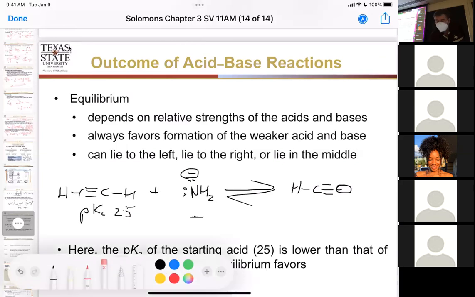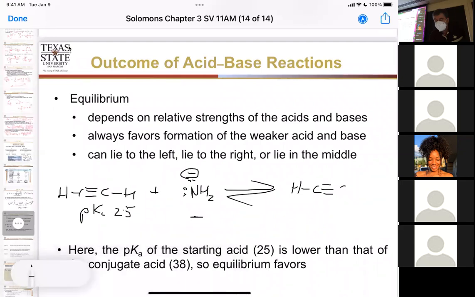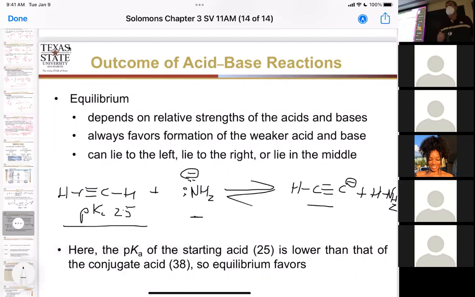When we transfer that proton, we now have a conjugate base, and we have our conjugate acid. So all we have to do is compare the pKa of our acid to the pKa of our conjugate acid, and that'll tell us which way the reaction's going.